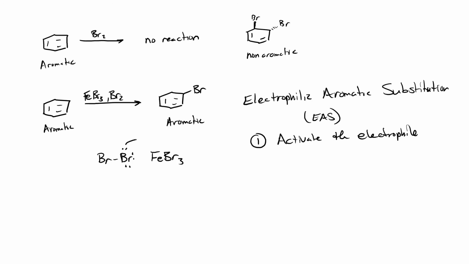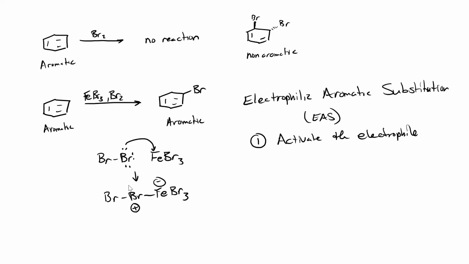And the way we do that is the bromine adds to iron tribromide. It just shares its electrons with the iron and makes a positively charged bromine and a negatively charged iron. Now, we've really only seen positively charged bromine once before. If you think back to organic 1, when we did the addition of bromine to double bonds, you have the bromonium ion, the 3-membered ring with a positively charged bromine in it. And one of the things we talked about with the bromonium ion is how reactive that Br plus is, right?